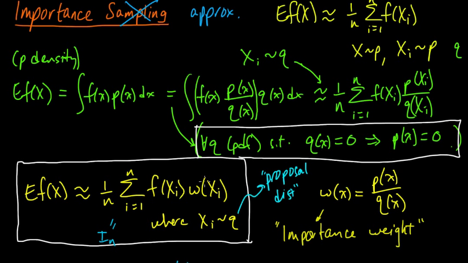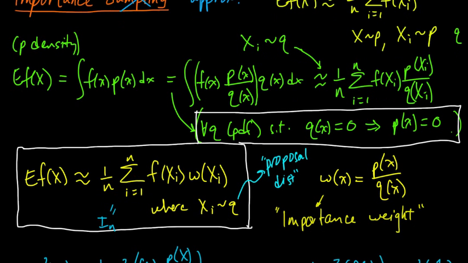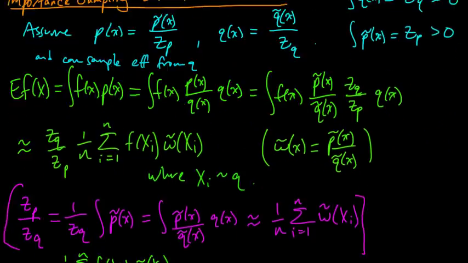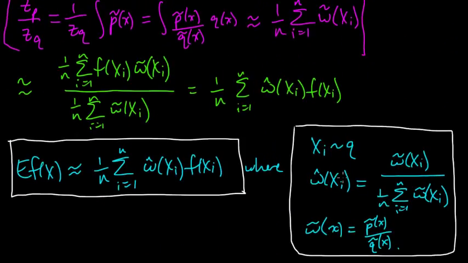It was just the same, except now when we don't know the normalizing constants, we have to, in some sense, estimate these importance weights. So we had the w hat, and that w hat is in some sense an estimator of the importance weights, w.